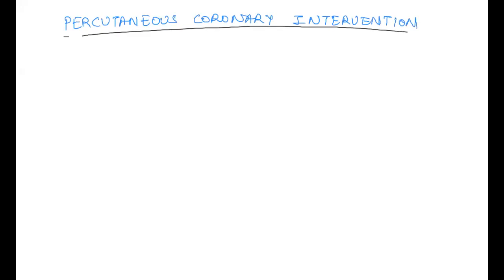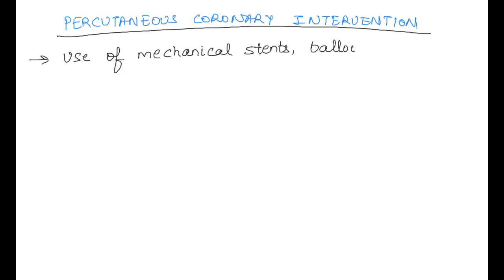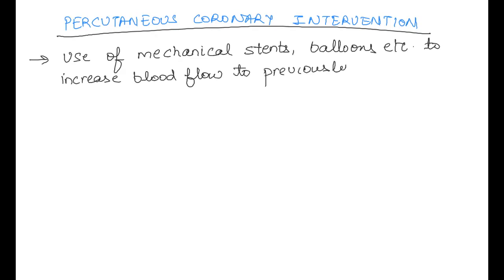Percutaneous coronary intervention is a blanket term which involves use of mechanical stents, balloons, etc. to increase blood flow to previously blocked or occluded vessels.